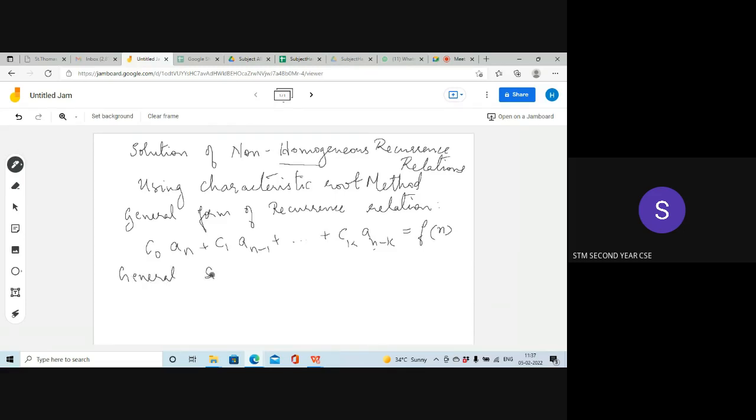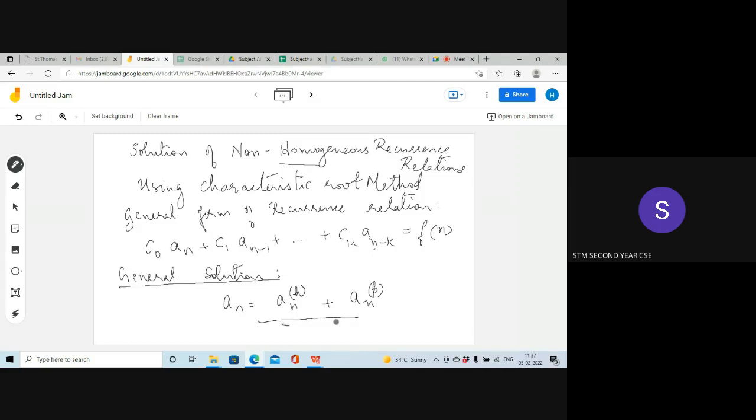Now let us find the general solution of a non-homogeneous recurrence relation, the solution in terms of n that we want to get. The general solution is of the form an equals an homogeneous solution plus an particular solution. This is the general form.